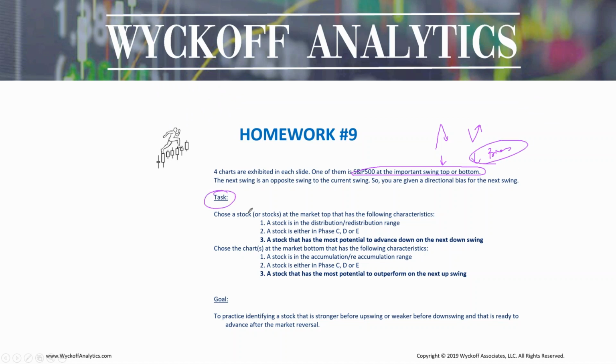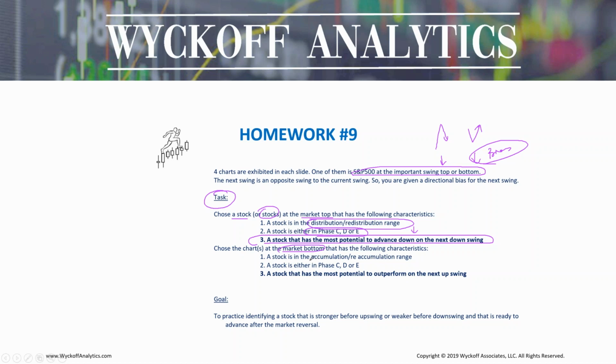Your task is to look at the stock or stocks and choose, at the market top, the stocks that are in the distributional or redistributional structure, that are in phases C, D, or E, and that have comparative advantage over other stocks to be a leader on the way down. At the market bottom, you're basically doing the opposite.